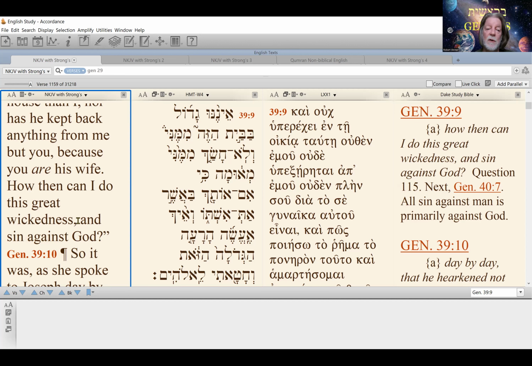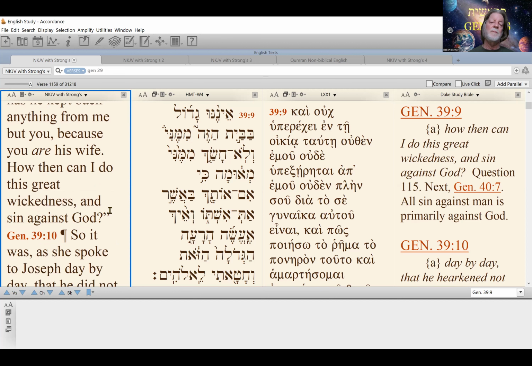So he's acknowledging that every sin is ultimately against God, and other people get hurt in the process. David was hurt by his sin too. So everybody gets hurt, but the sin is ultimately against God. So, important thing.